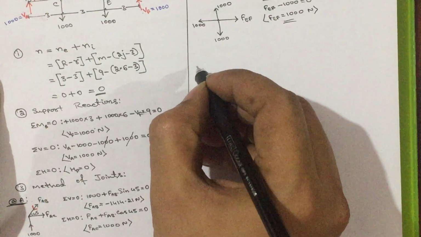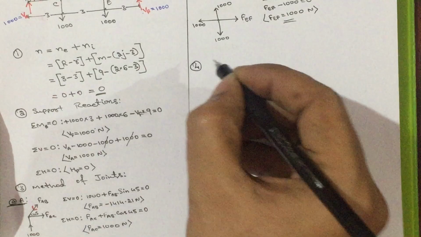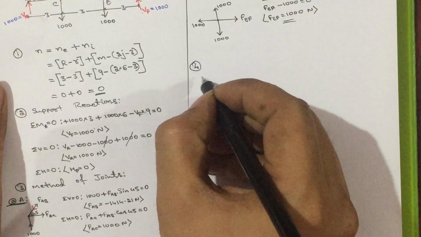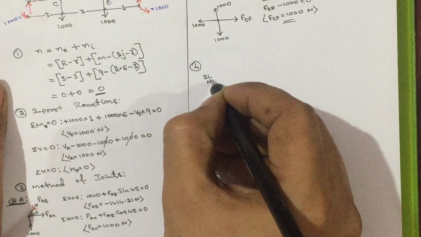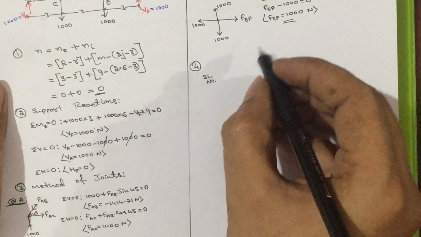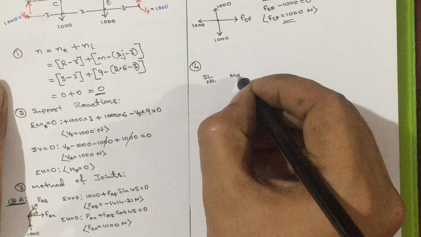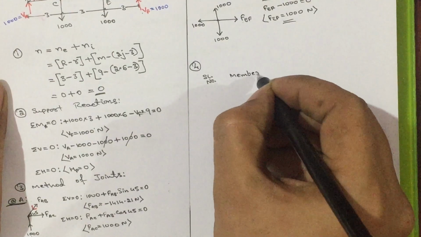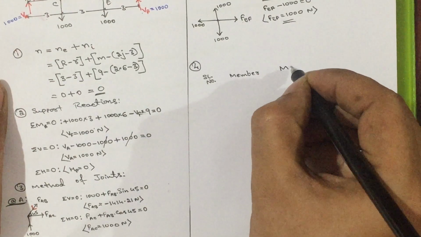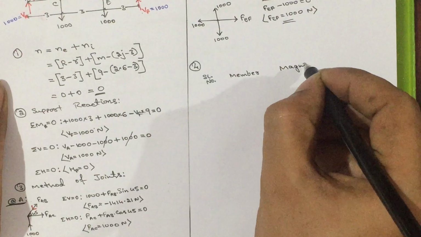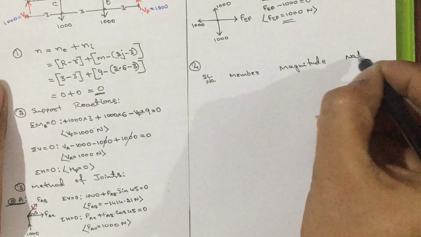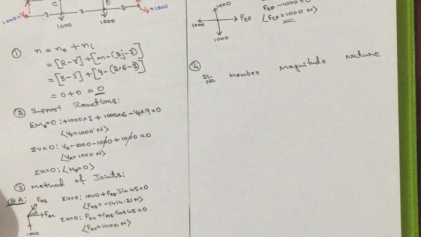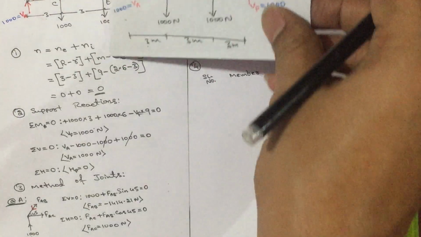The last step, it is the fourth step, it is given by serial number, then member, then magnitude and nature of the force.